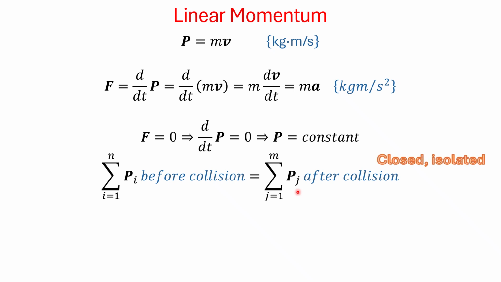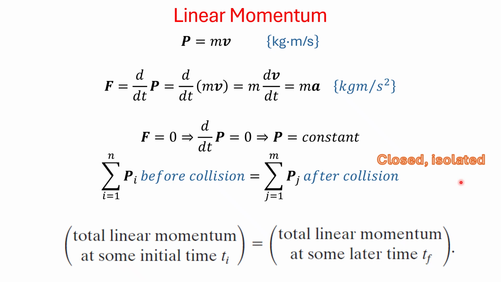Now, this is only true for a closed system, that is under a rider when force is absent. So I redefine the principle of conservation of linear momentum: when the external force is absent, the vector sum of momentum of all particles before collision is equal to the vector sum of momentum of all particles after collision.